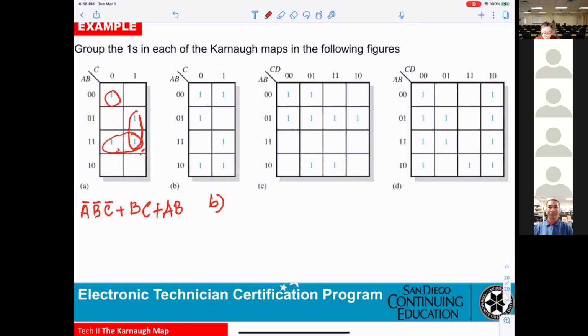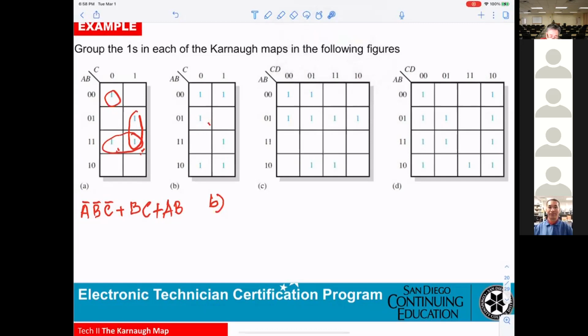So looks like the first ones that you have there are equal to ABC. Okay, let's say if you want to loop this guy, loop this guy.